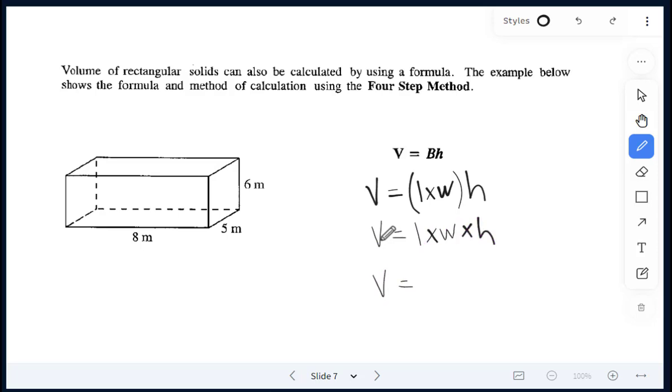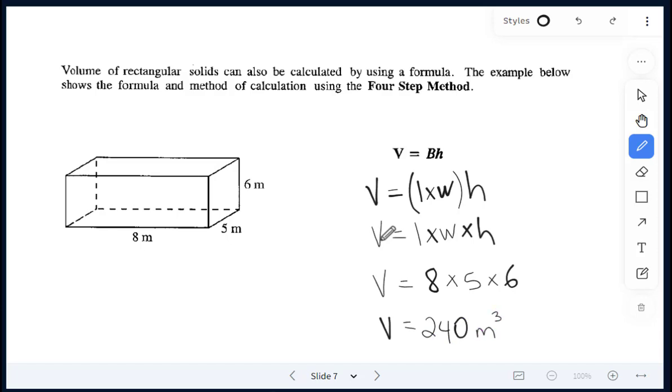So in this case, that would be 8 meters for length, 5 meters is the width, and then 6 meters is the height. Okay, and just multiply that out. 8 times 5 times 6, which gives me 240. And our units are meters cubed.